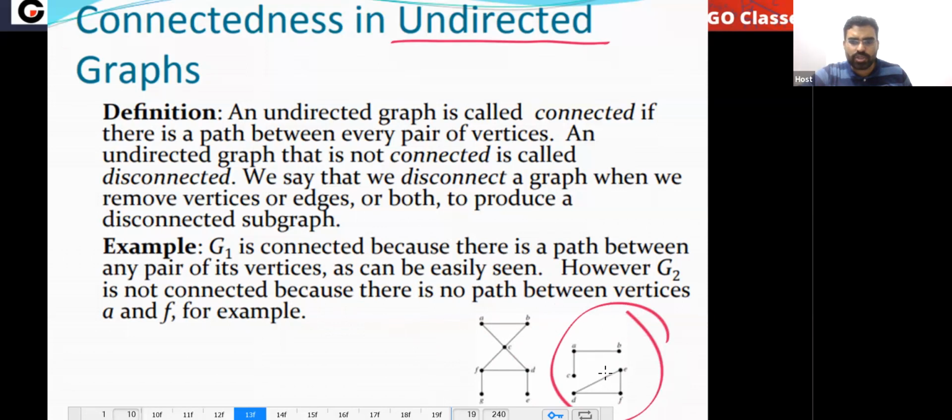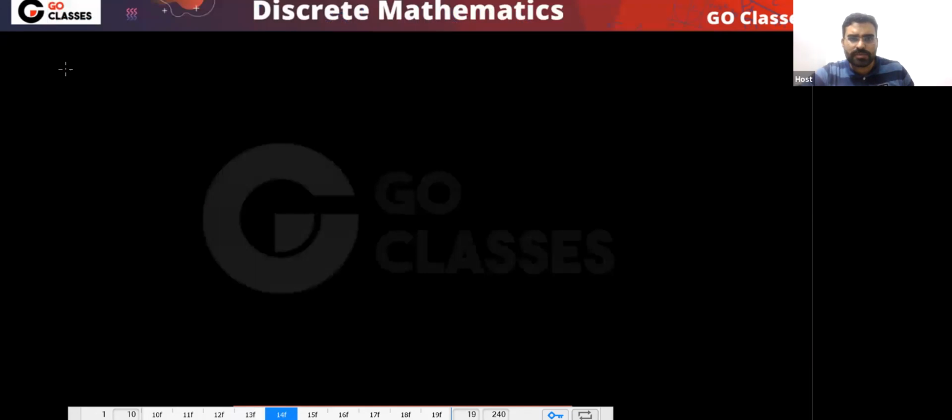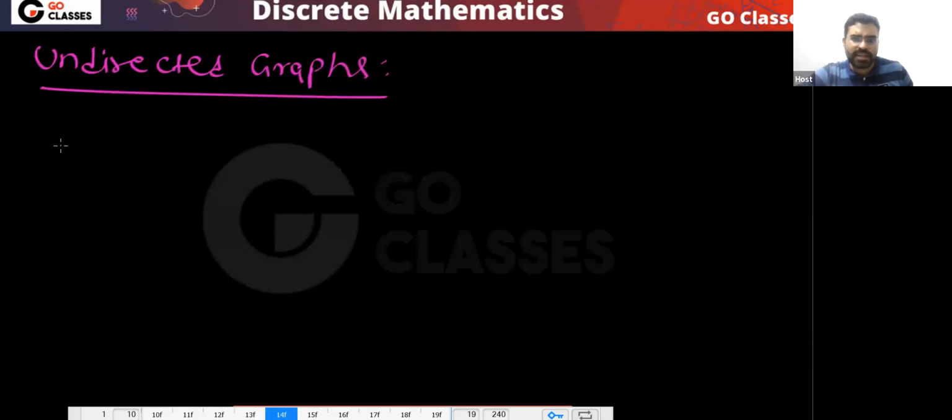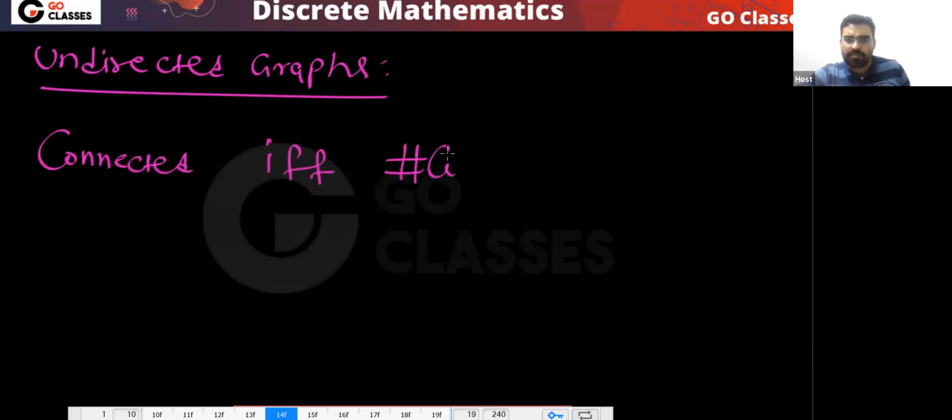In this disconnected graph, how many components do you have? Total 2 components, this and this. And in this graph, how many components? 1 component. So you can notice a graph is connected if and only if there is 1 component. I am talking about undirected graphs. So I can say a graph is connected if and only if number of components is equal to 1.